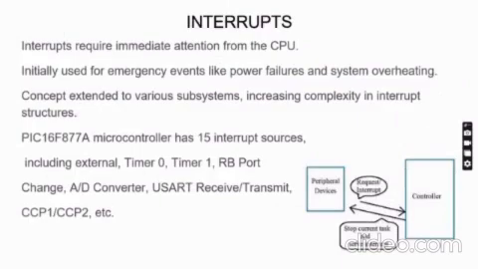Okay, the next thing that we talk about is interrupts. Another important topic we have covered is interrupts and the interrupt service routine. Interrupts are signals that initiate changes in the normal program execution. The interrupt service routine is a function that handles the interrupt.